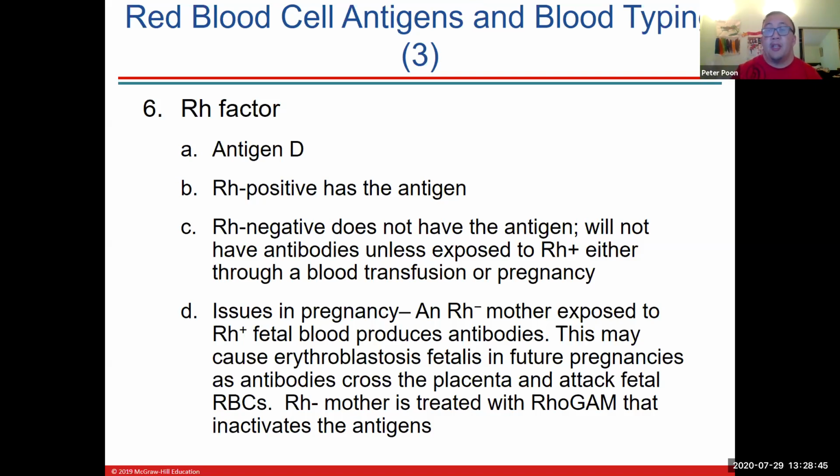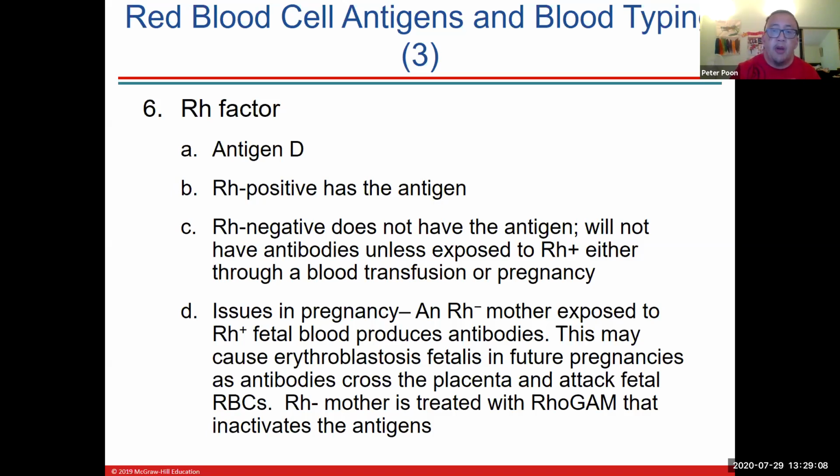Most people are Rh positive. About 85% of people are Rh positive, which means they have the antigen. Rh negative does not have the antigen and does not have antibodies to the antigen, and that is a problem unless exposed to Rh positive blood, either through blood transfusion or pregnancy.